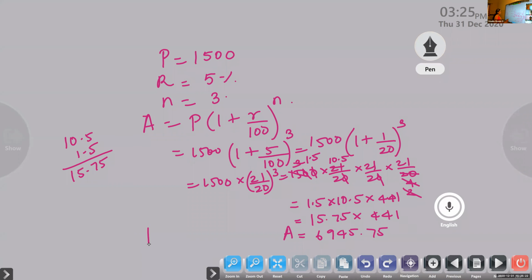So what is the compound interest? Compound interest is amount minus principal. So it is 6945.75 minus 1,500. Subtract this and find out. 5,445.75.